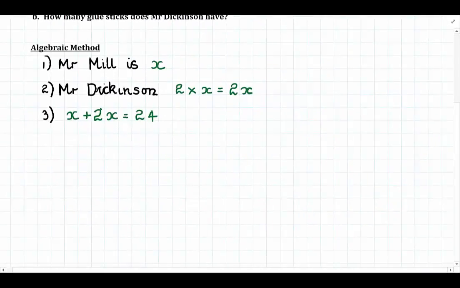So the next step is we will add the like terms. x plus 2x is 3x.